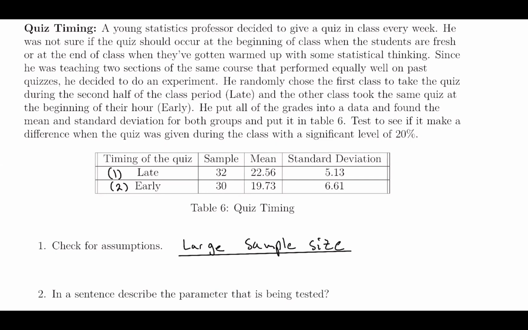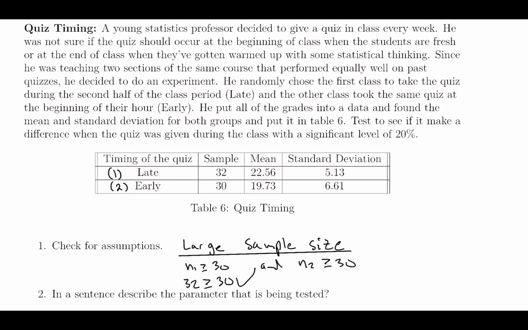So one thing you have to realize for this one, since this is for the mean, since we're testing the parameter of the mean, you have to check to see if N1 is greater than or equal to 30 and if N2 is greater than or equal to 30. So for this one, if you look at N1, N1 is the sample size of the late class. So that's 32, which is indeed bigger than 30.